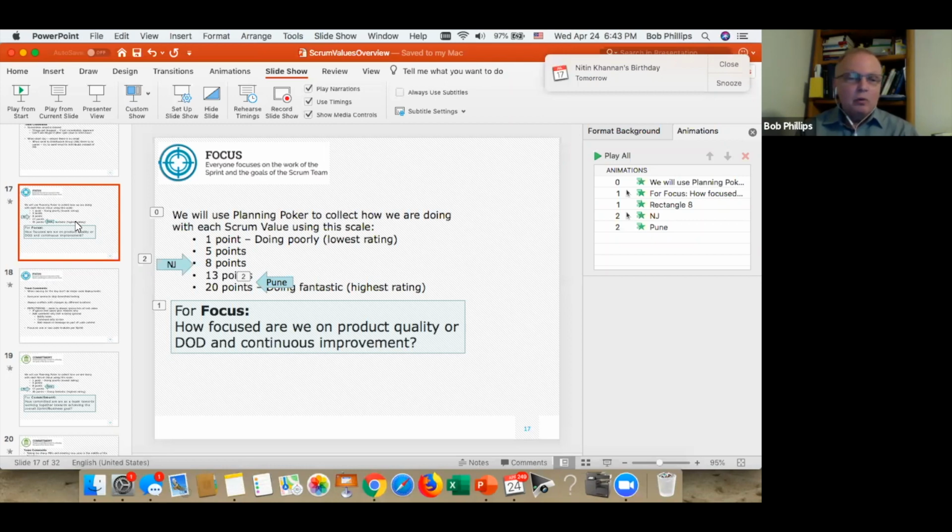What we got out of it were these questions that are really cool. Instead of just asking the team, how are we doing with focus? We say, how focused are we on product quality or definition of done and continuous improvement? So we're really getting the team to talk about what we want to find out. And you can see the responses that I got in less than an hour, that it worked.